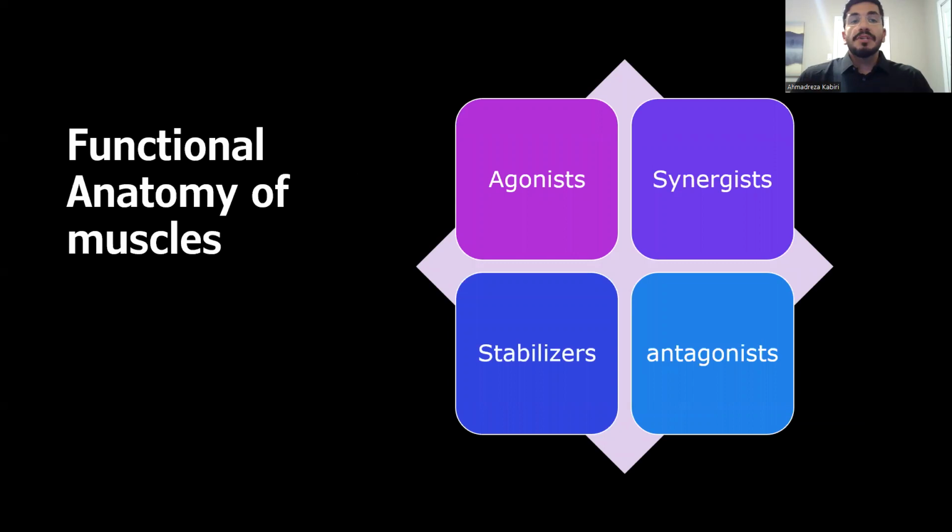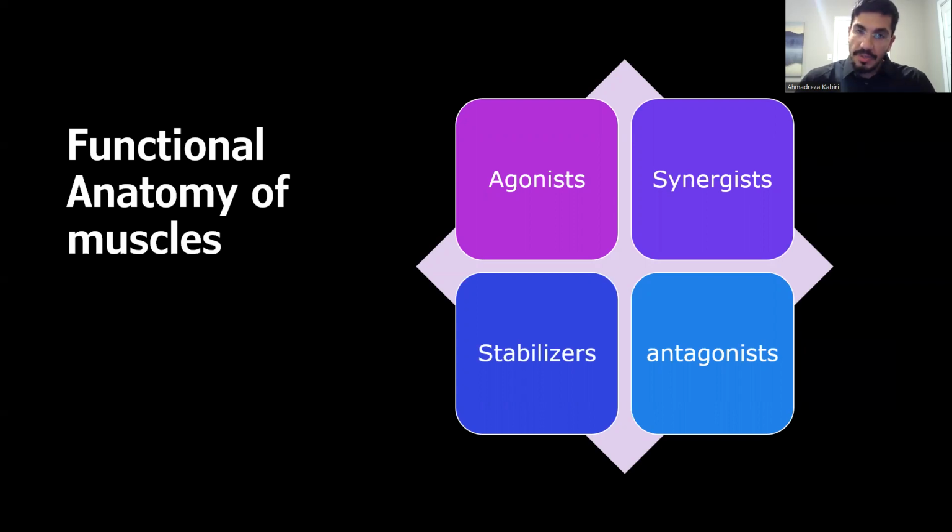Next is the functional anatomy of muscles. Muscles can be divided into four categories: agonists, synergists, stabilizers, and antagonists. The agonist muscles are the prime movers of any movement that occurs, and synergists are supportive and support the agonist muscles.